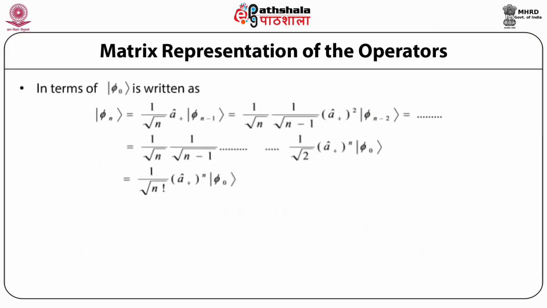Similarly, we can generalize this result to n, and extending it to n equal to n, we write Cn is equal to 1 upon under root n. Matrix representation of the operators.